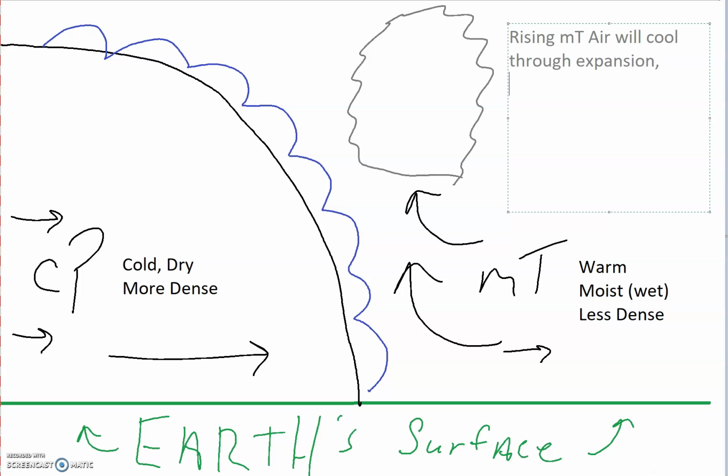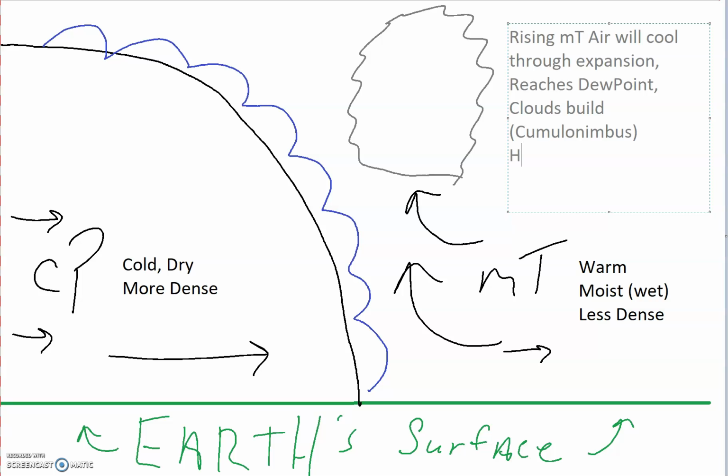This cooling, okay, this cooling causes the air to reach the dew point, or the point at which dew occurs, or in this case, clouds build. And eventually these clouds build into cumulonimbus clouds, right? Big storm clouds.